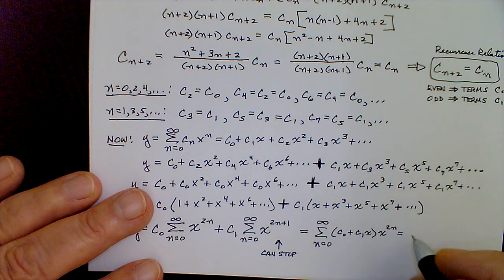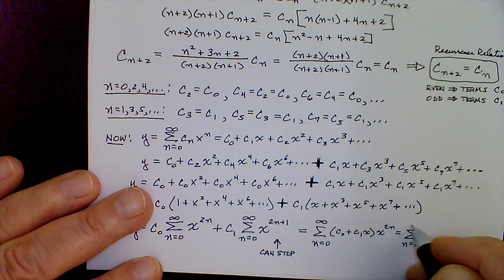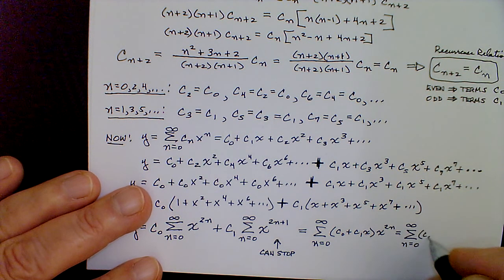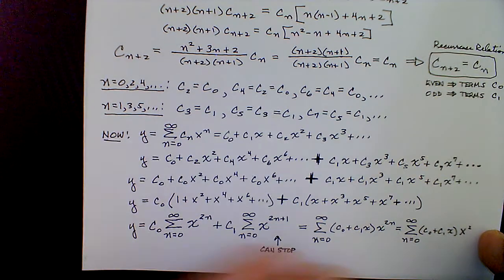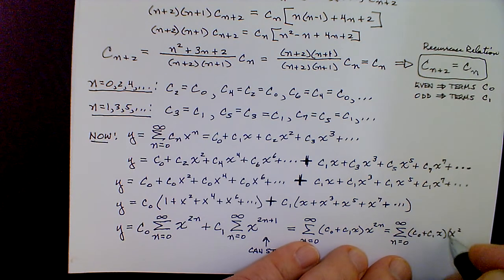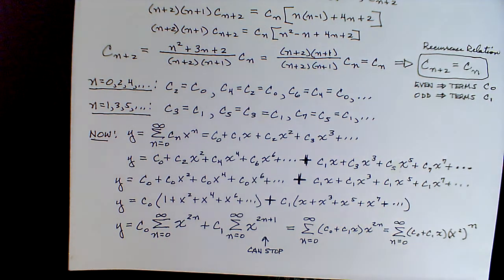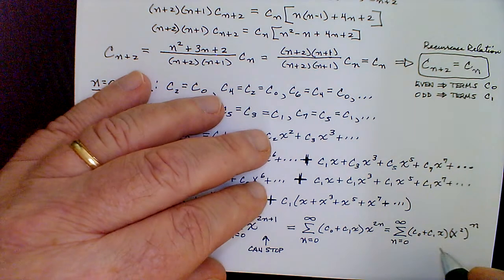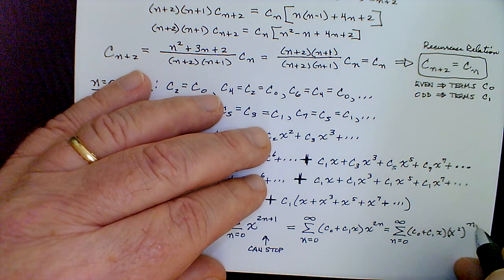So they factored out the x to the 2n, and then they further expressed this as c sub 0 plus c1x times x squared as a quantity to the nth power. And this is basically geometric, fitting the form of AR to the nth.